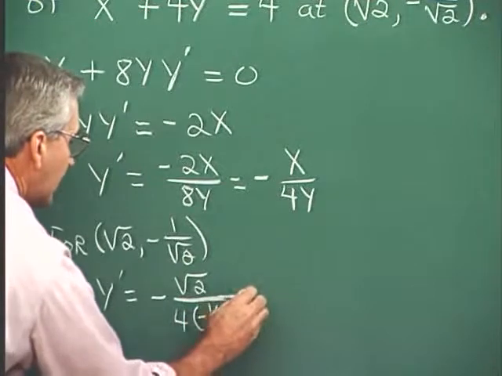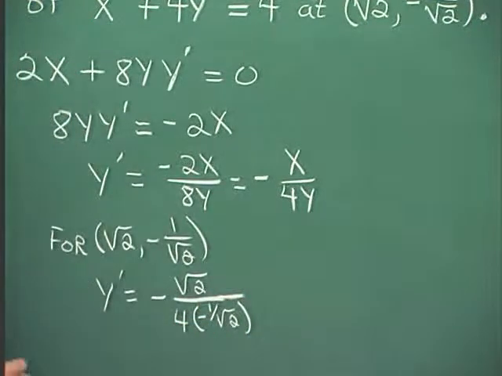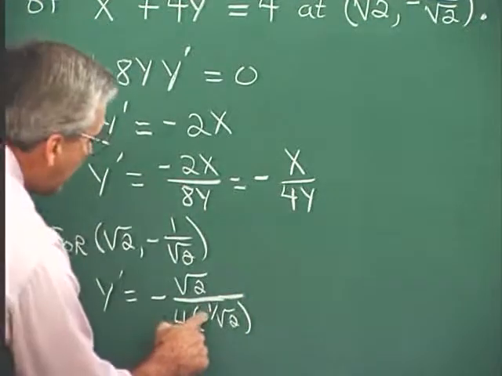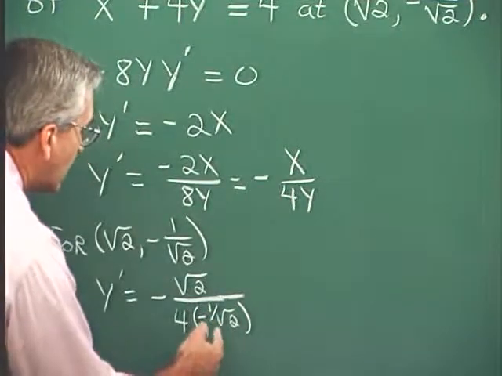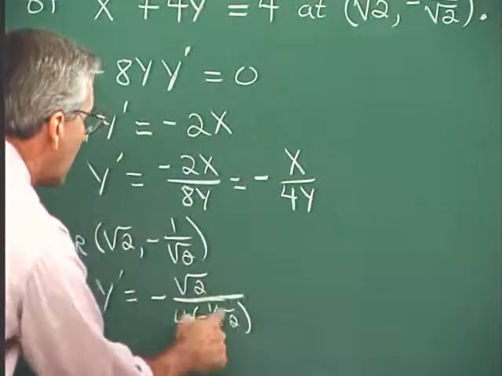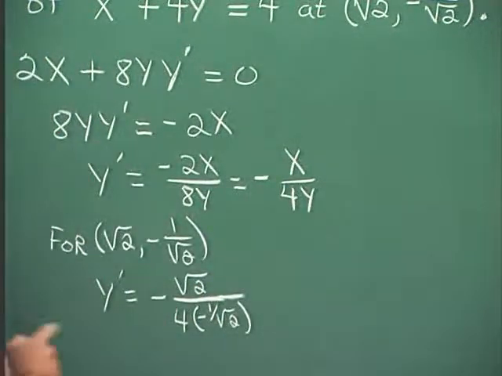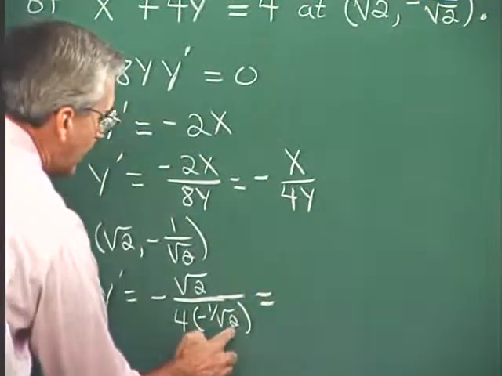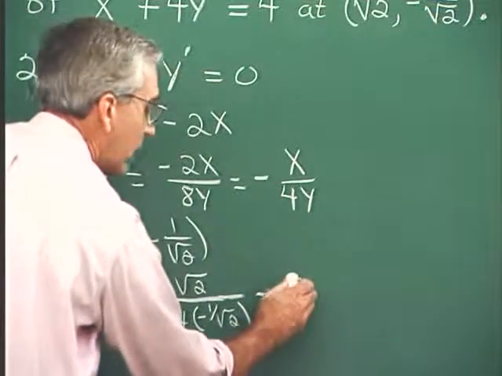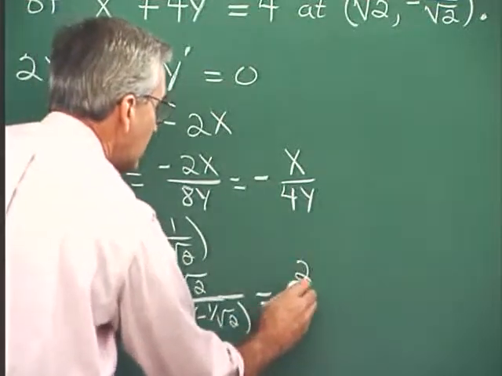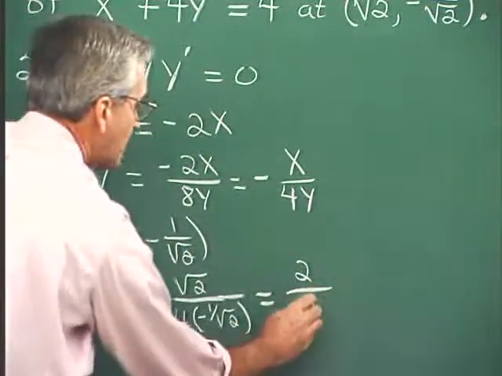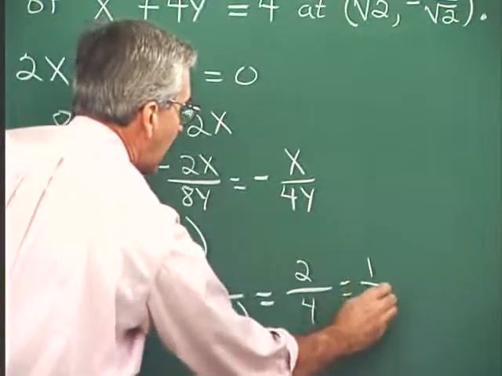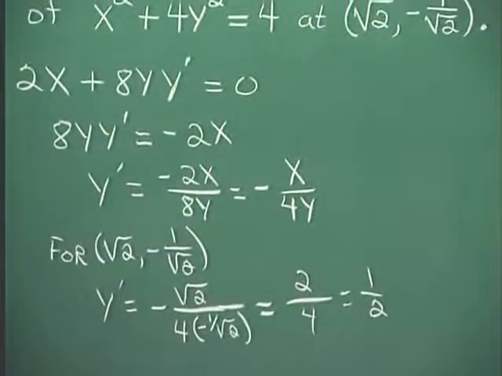Looks a little convoluted, doesn't it? We might have a little algebra to do on this. This fraction flips over, and the square root of 2 becomes a factor in the numerator. The 2 minus signs give us a plus. And if the root 2 is in the numerator, we have the square root of 4, which is 2. And in the denominator, we still have this 4. So it's 2/4 or 1/2 for the slope of that tangent line.